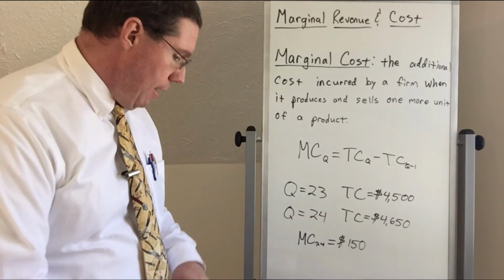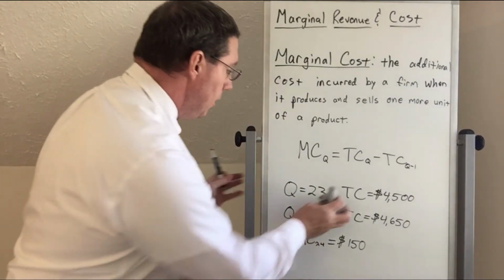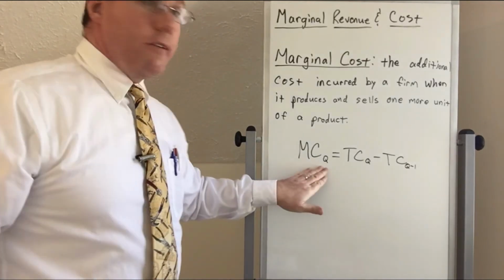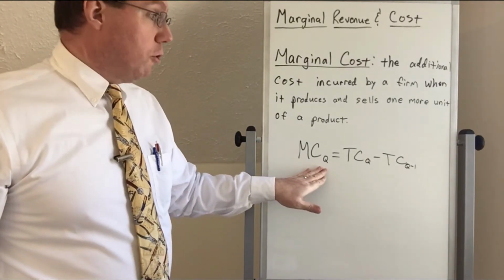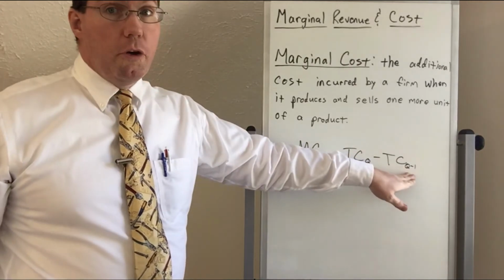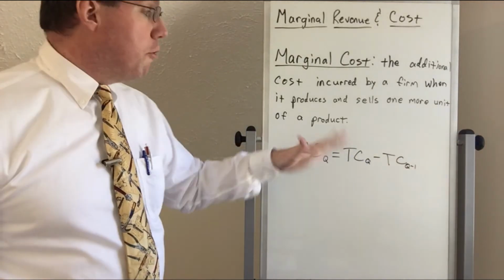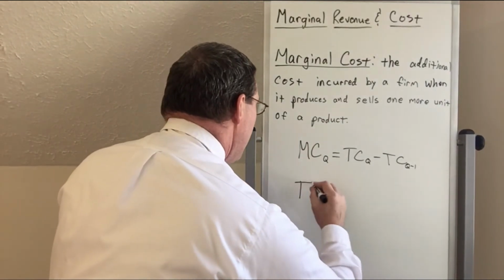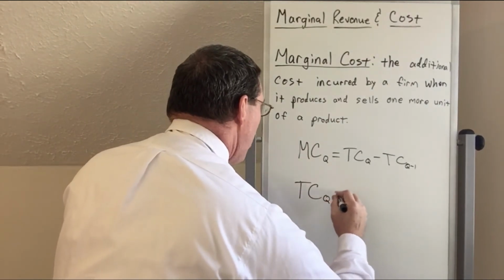Now, also, if this is our formula for marginal cost, if this is how we can determine marginal cost by simply subtracting the new total cost minus the old total cost, we can also manipulate this algebraically to try and figure out how to find the total cost if we don't already know it.